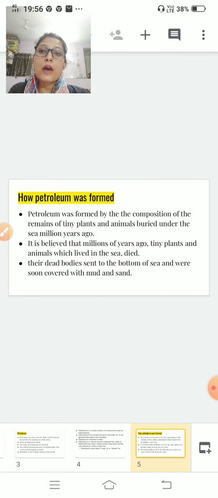Now, our next topic is how petroleum was formed. Petroleum was formed by the decomposition of the remains of tiny plants and animals buried under the sea millions of years ago.